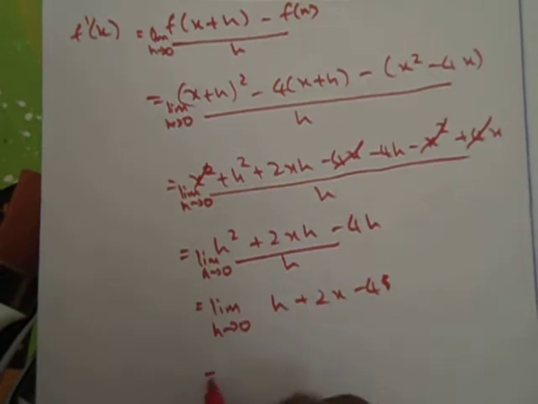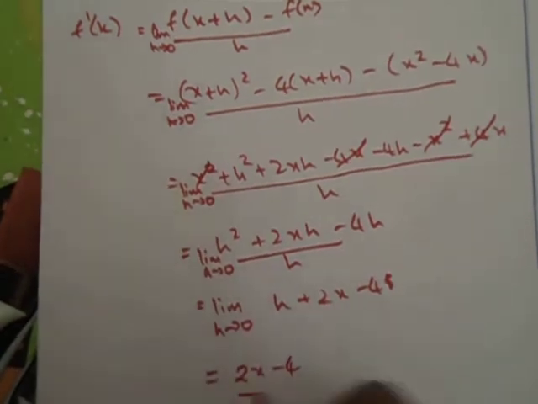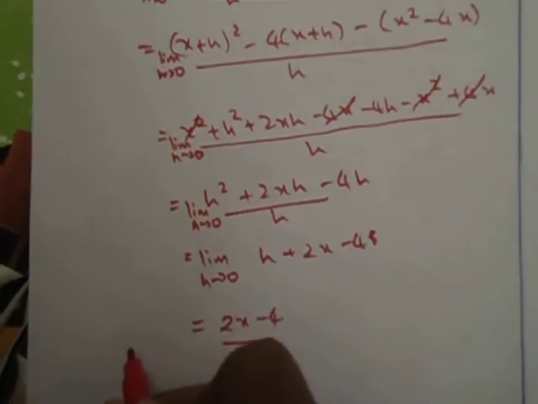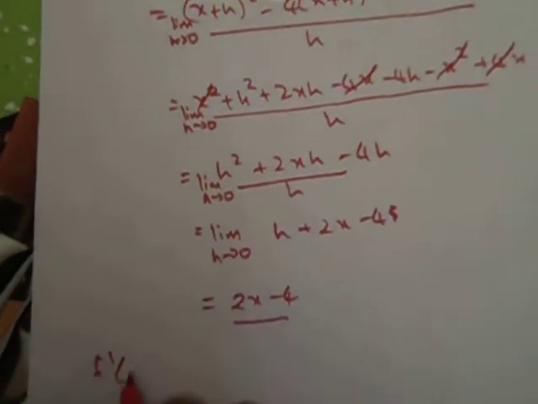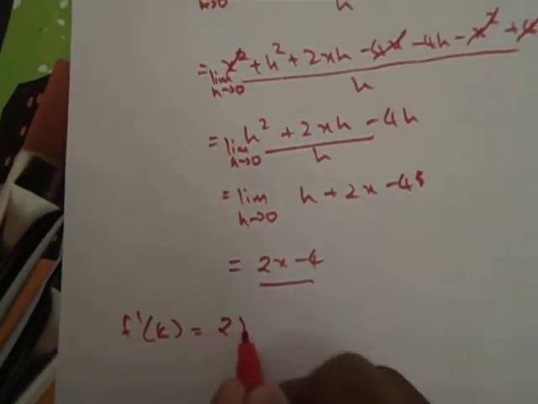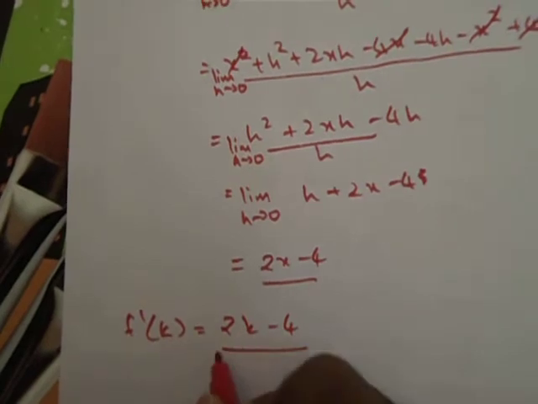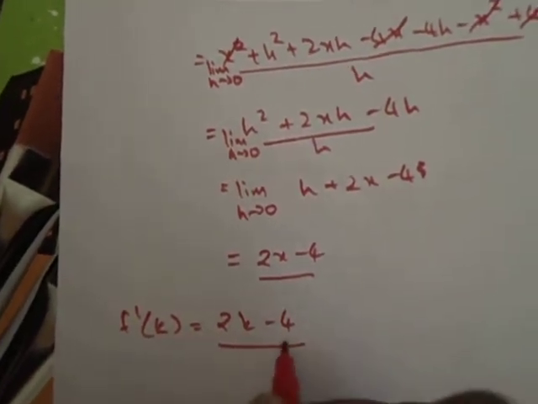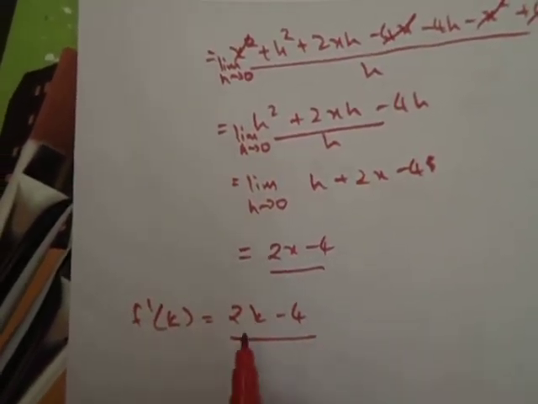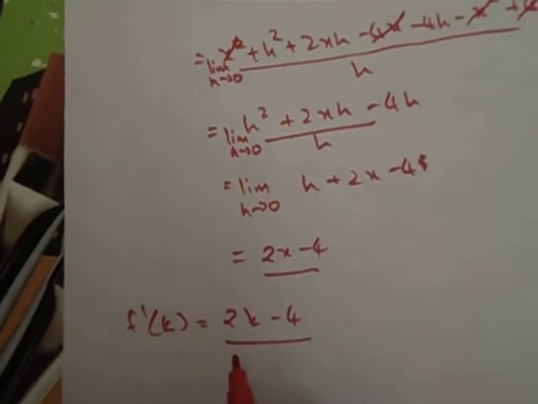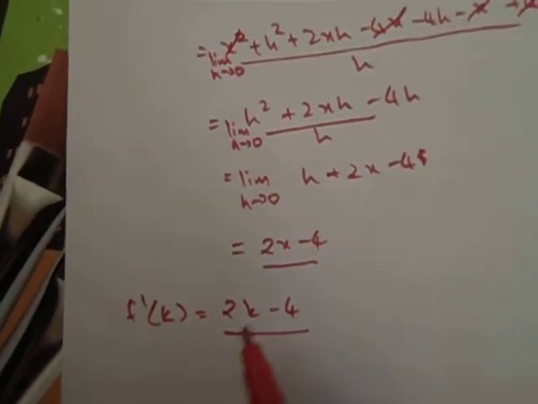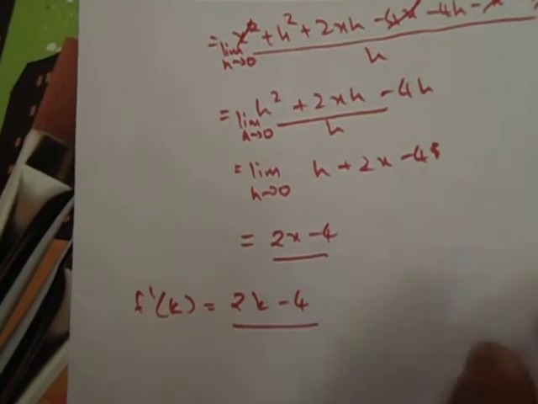So when h tends to 0 we get 2x minus 4. So at k we get f dash of k, which is equal to 2k minus 4. Since this is a finite quantity and exists, therefore the function is differentiable. Basically all polynomial functions are differentiable.